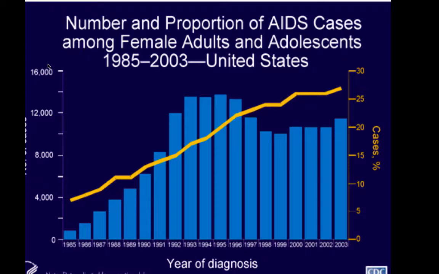So we might expect the absolute number of AIDS cases to increase because the population of women is increasing. However, the fact that the proportion of AIDS cases that are women hasn't changed tells us that the mode of disease transmission probably has not changed too much recently. This might also tell us something about the effectiveness of our HIV prevention programs in trying to prevent AIDS in heterosexual couples.